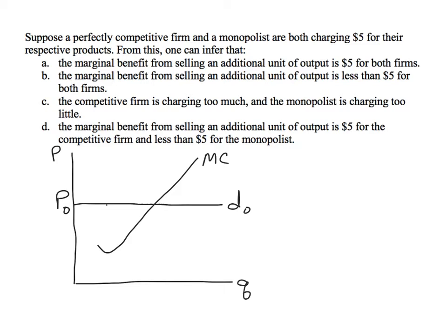It turns out that the market price is also equal to the marginal revenue for that firm, what the firm gets from selling one more unit. And as long as the marginal revenue is greater than the marginal cost, that firm will increase profits by increasing output. Where will it stop? Right there. The competitive firm output is at Q naught.